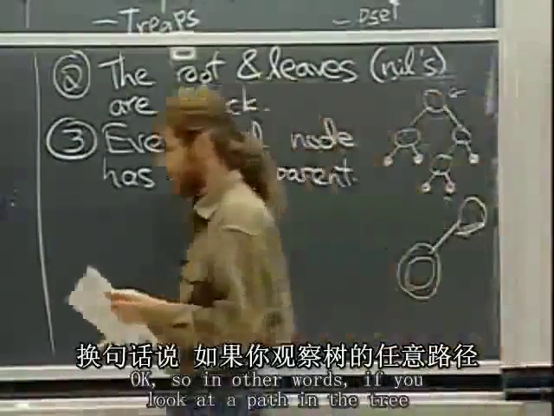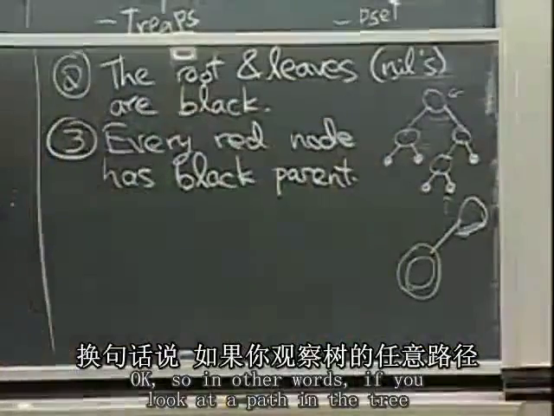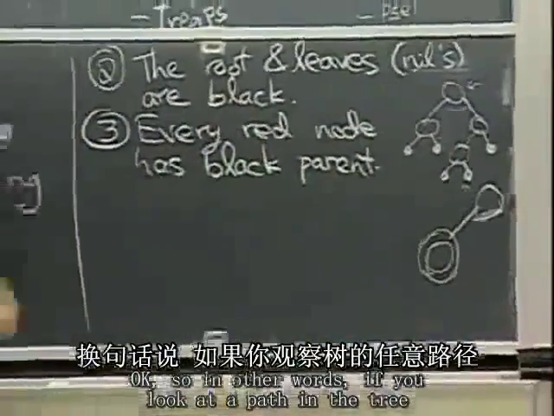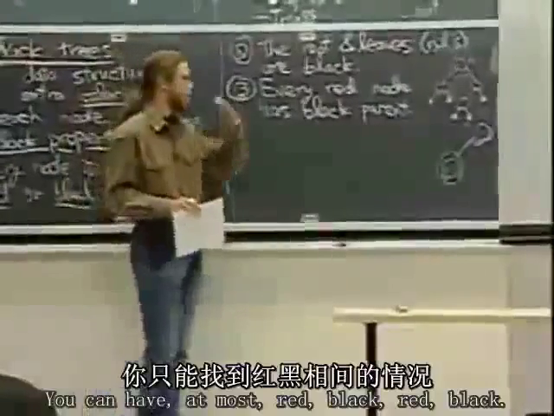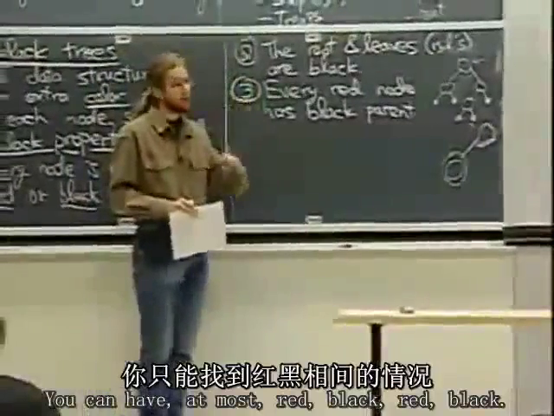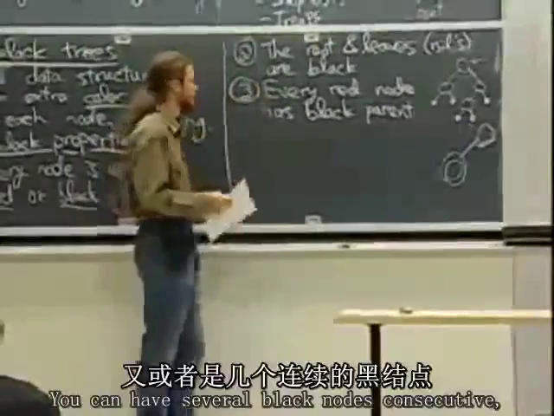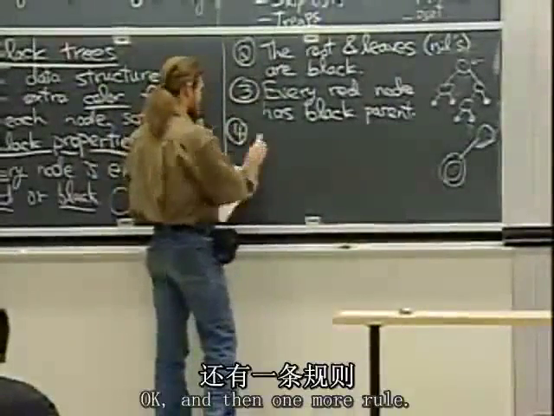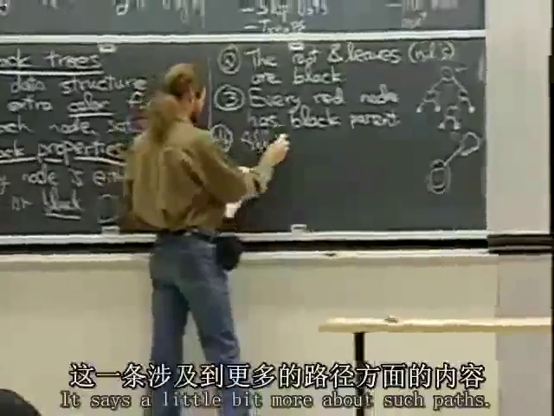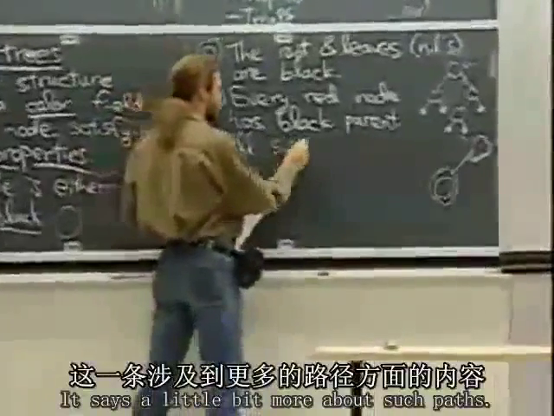Okay. So in other words, if you look at a path in the tree, you can never have 2 red nodes consecutive. You can at most alternate red, black, red, black. You can have several black nodes consecutive, but never 2 red nodes. Okay, and then one more rule. It says a little bit more about such paths.